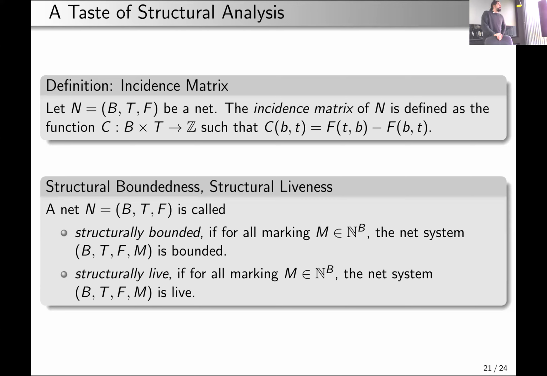I mean, also there's a problem about reachability. The initial marking is part of the specification in reachability, right? Is the target marking reachable from this initial marking? When you do structural analysis, you're sort of forgetting the initial marking.